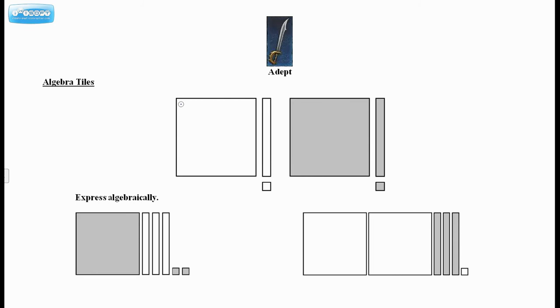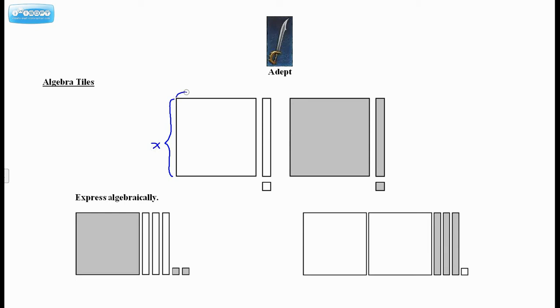Here I have a large square, and then I call these bars. Notice that the length of the bar is the exact same length as the square. Then we have the bar with a little width here, and then we have a smaller square. The length of that square on each side is determined by the width of this bar. So we say that this length here is x.